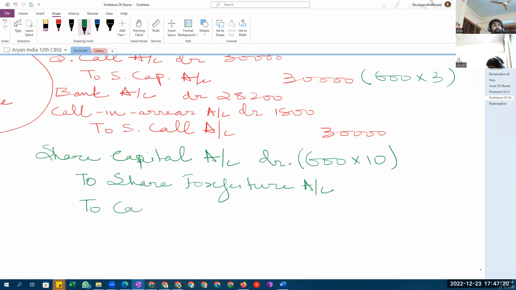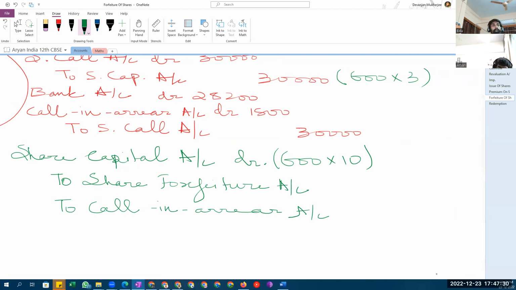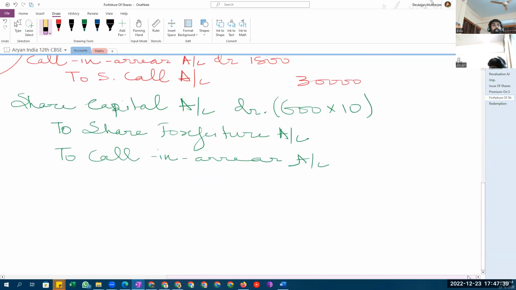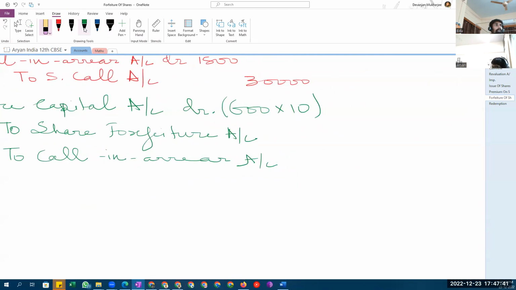And the second, call in arrear account, which is the money that we have not received from him. So now it becomes very easy. Money we have received from him is 600 into 3, that is 1,800 and 900. And the money that we have not received from him is 600 into 7.